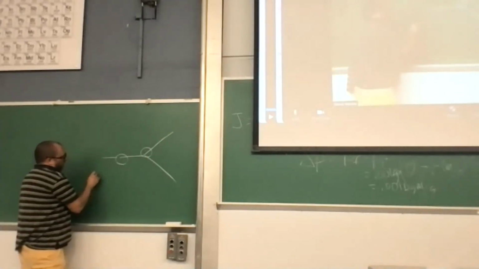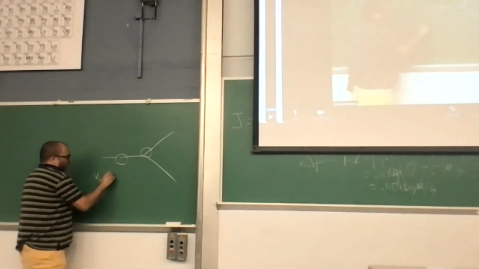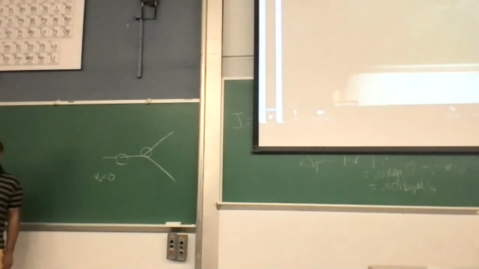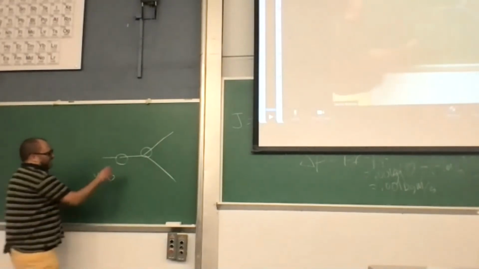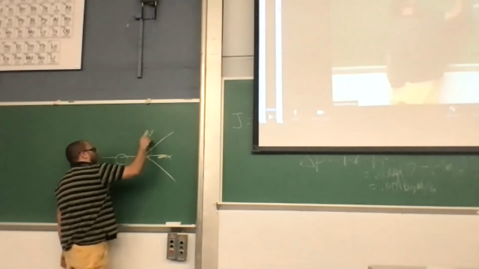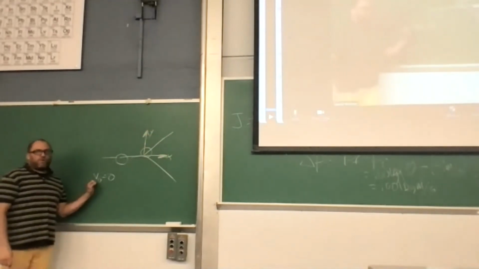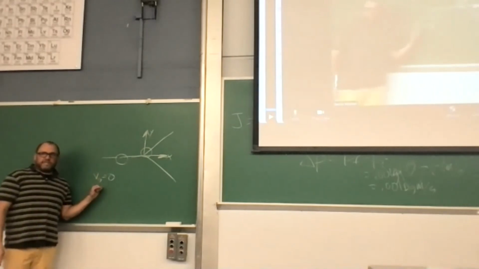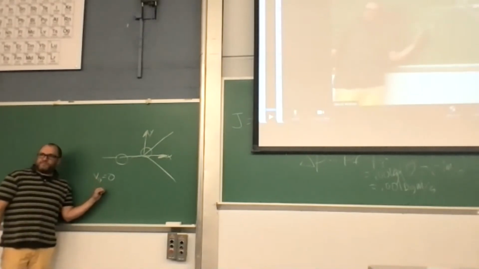And I'd say, well, initially, my initial Y velocity is 0. So that means, and I'm going to say this way is X, and this way is Y, initially there's no Y momentum, there's only X momentum, right?